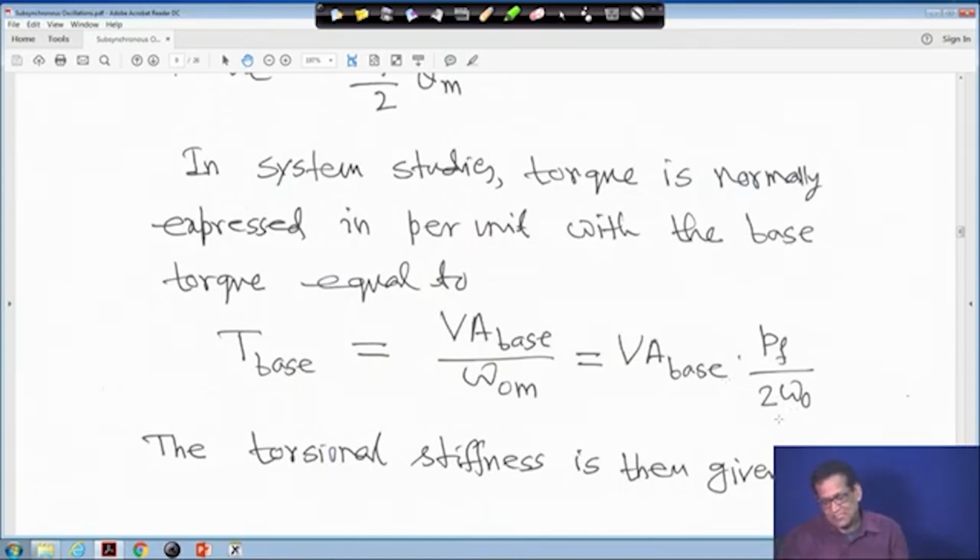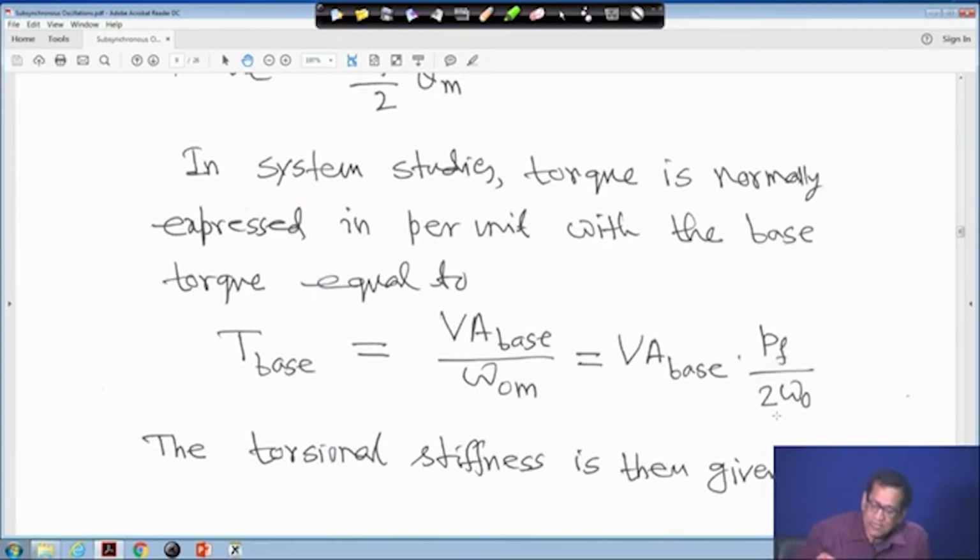The mechanical radian per second and electrical radian per second are the same, already we have made it. So, this 1 upon omega 0m is replaced by Pf upon 2 omega 0.